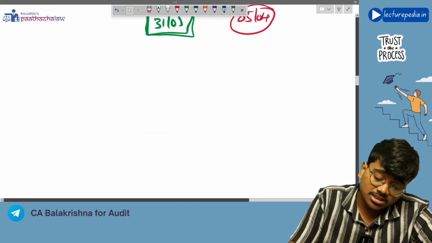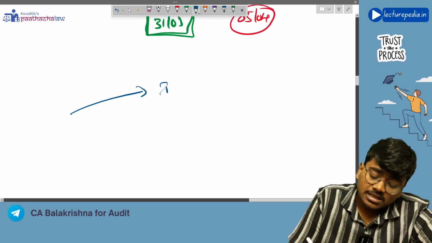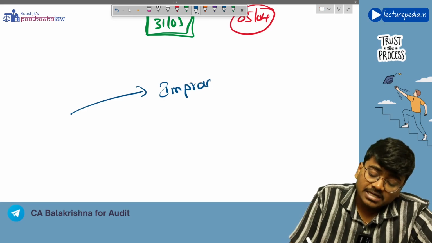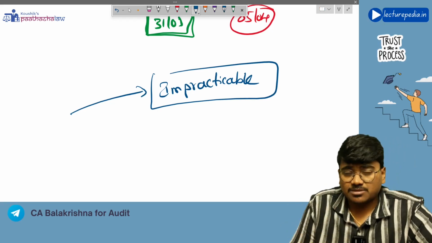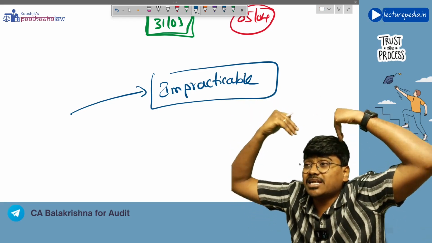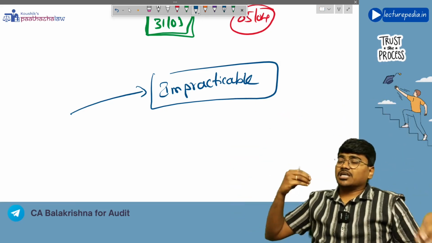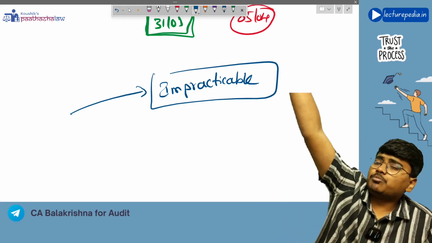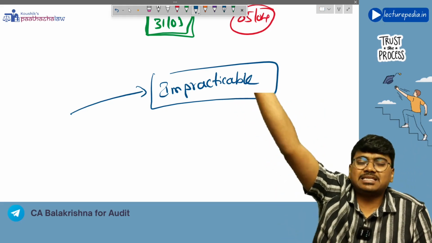Coming to the third situation, attendance at a physical inventory location is completely impracticable. That means not on 31st March, neither after 31st March, it is completely not practicable to attend the physical inventory location. Let's say inventory is located at the very borders where there is a military threat.